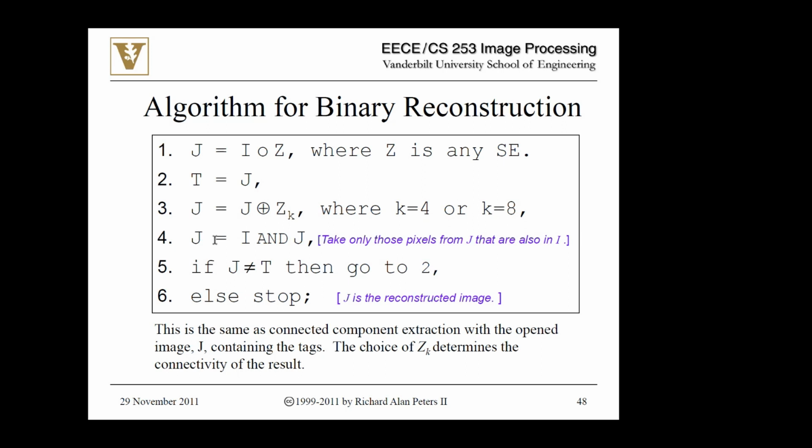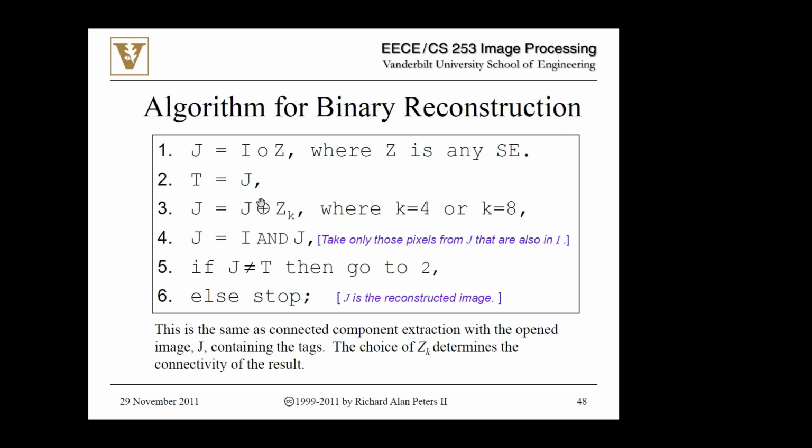Now you compute the intersection between the original and the dilated one. If these two operations have changed the image, then you repeat. And you repeat this process until the image doesn't change anymore.